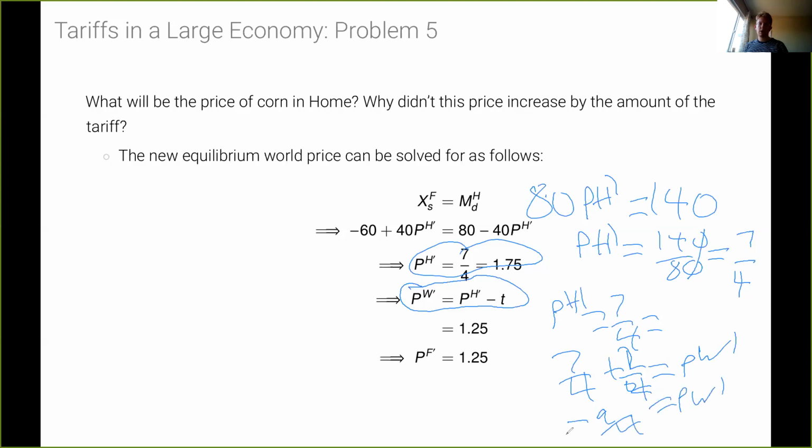And 9/4 is just 2.25. Or wait, there's something off here.